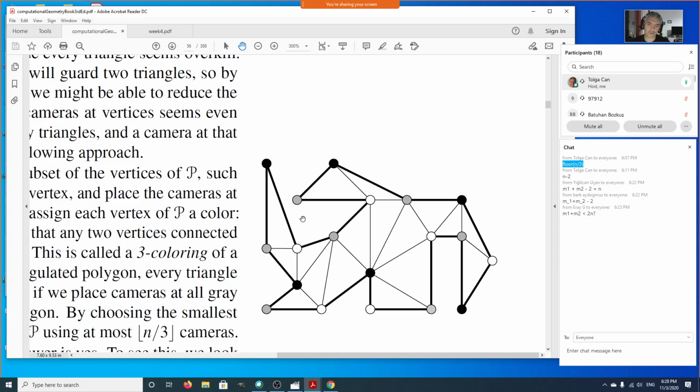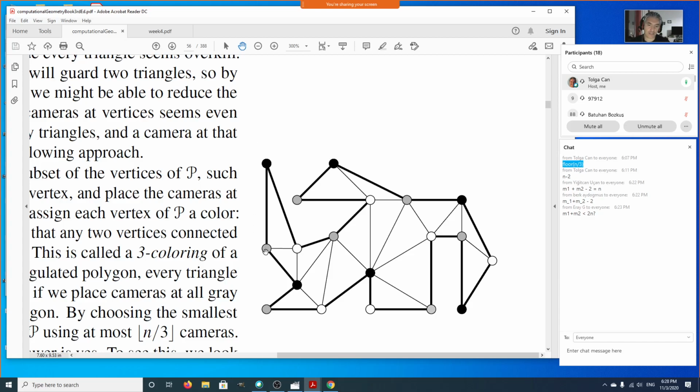The strategy is, we can start with any triangle, and color its vertices with the 3 different colors. Then you go to the next neighboring triangle by following this dual tree, the neighboring triangle which shares a diagonal with it. The next vertex will be already given, because this triangle is colored by 3 colors.